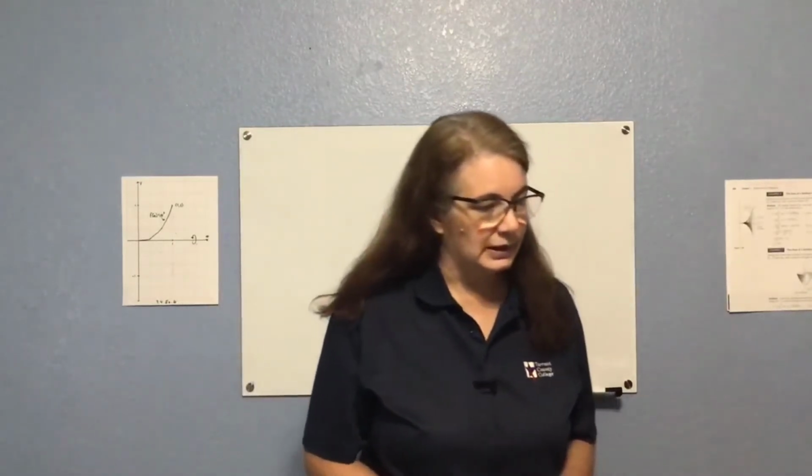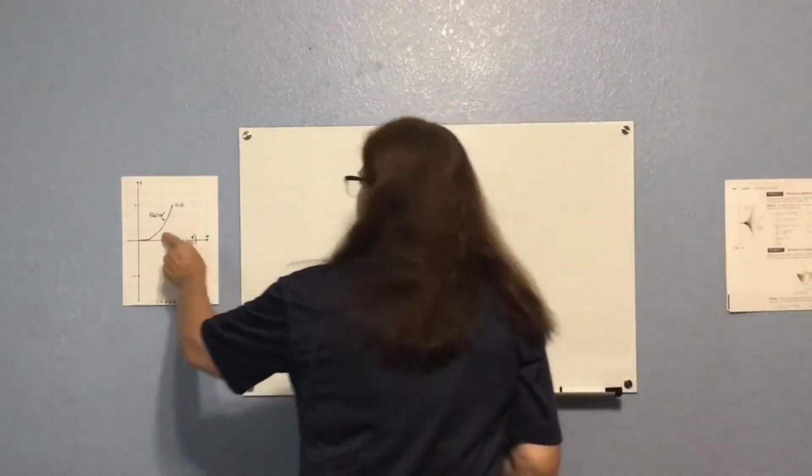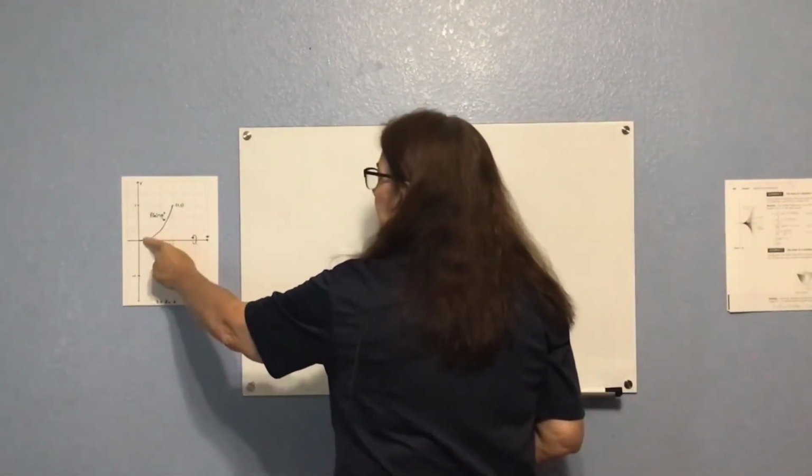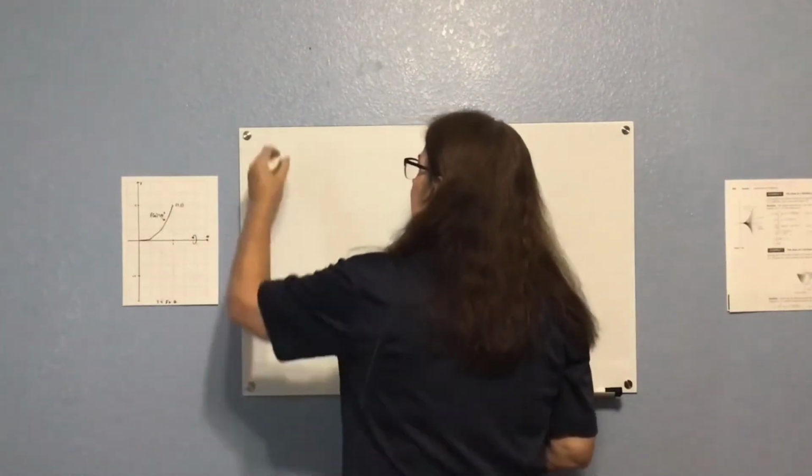We're going to rotate it around an axis of revolution, and instead of creating a solid, we're just going to create like a hollow shell and find the surface area of that shell. So let's take a look at how that goes. In this problem, I've got this function f of x equals x cubed.